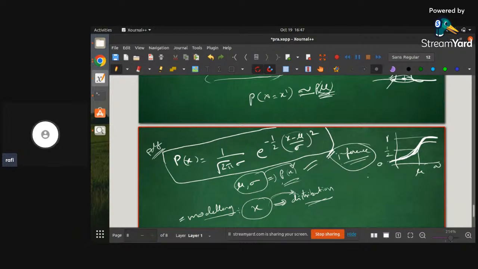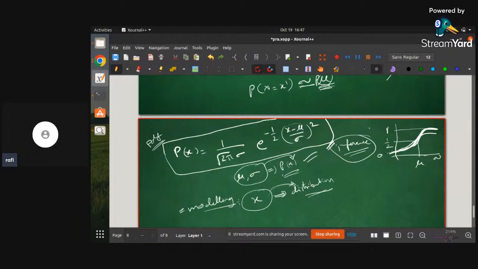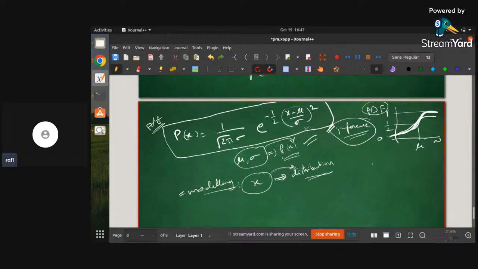Okay, this is the probability distribution function of Gaussian, which you can achieve by integrating this density function from minus infinity to x. What is F of x? CDF, cumulative distribution function, we generally call it.